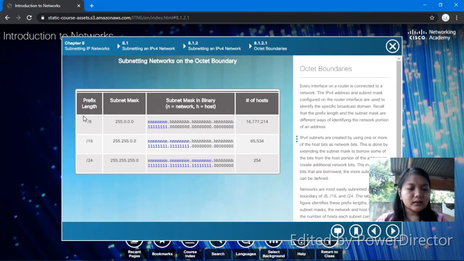So these are the prefix length, the subnet mask, then the subnet mask in binary. Just like they convert this one into binary, and this is the host, and the number of hosts is this one.